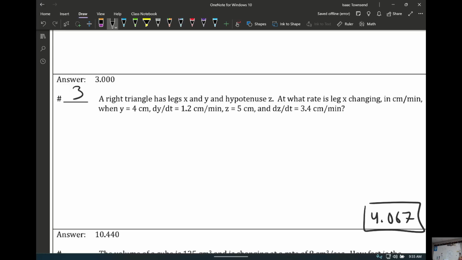Okay, offer one more time for number 3. Anybody change their mind about number 3 being worked out?